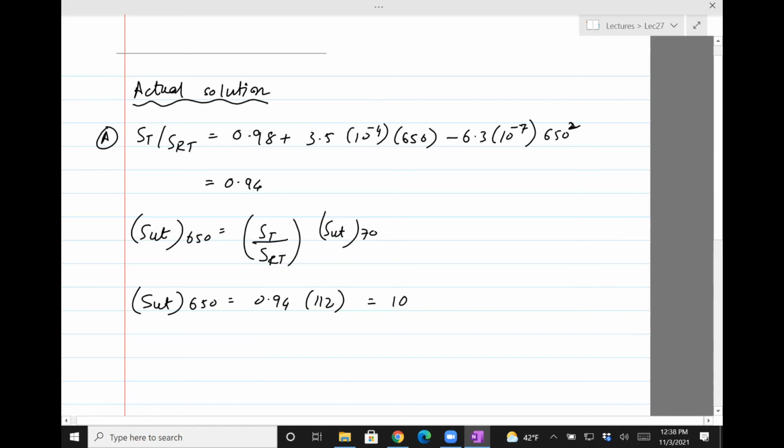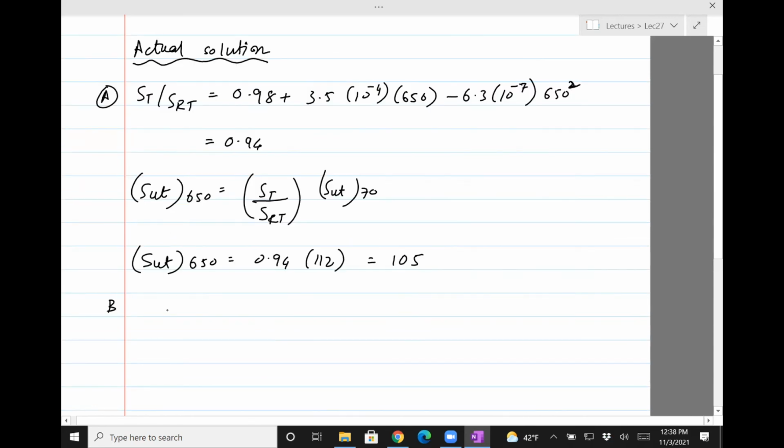Okay, so with that, let's now proceed to find SE prime. It's 0.5 SUT at 650.